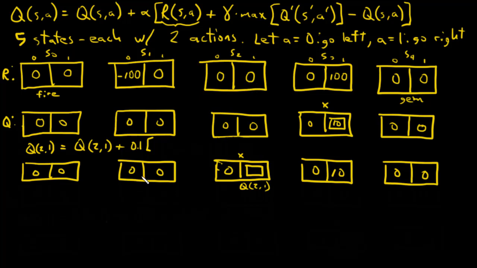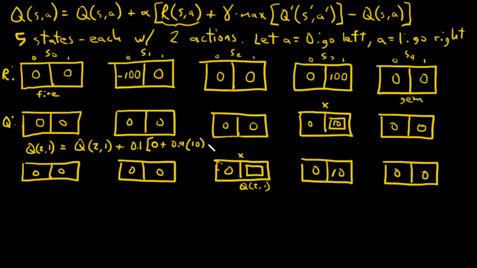Well, that reward is 0. So 0. Okay. Plus 0.9 times, okay, what is the max of the Q values? Well, that maximum is 10. So now I can put a 10 here.